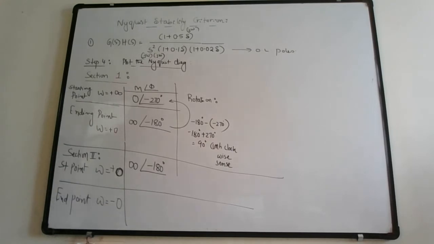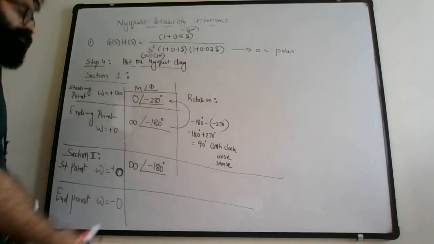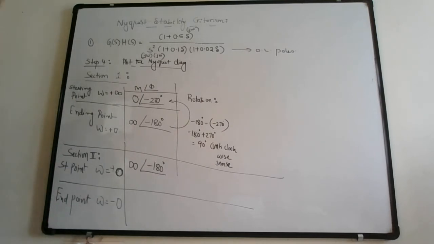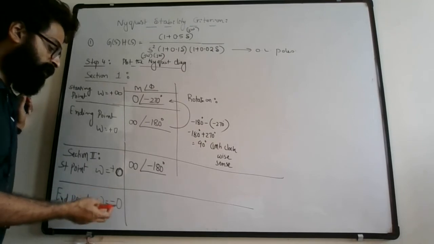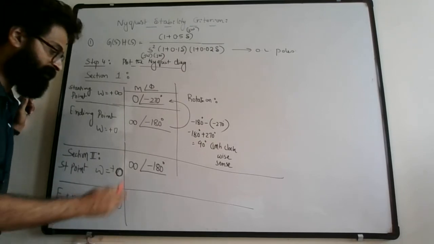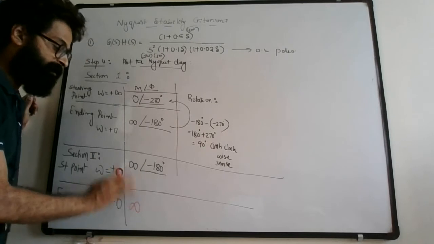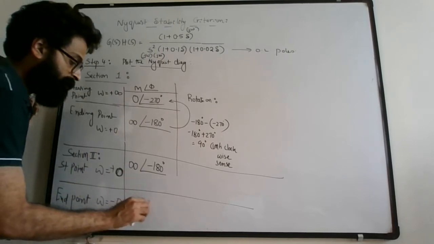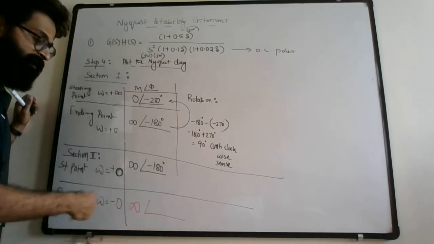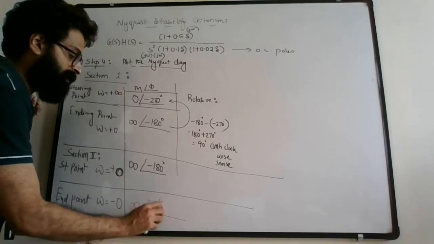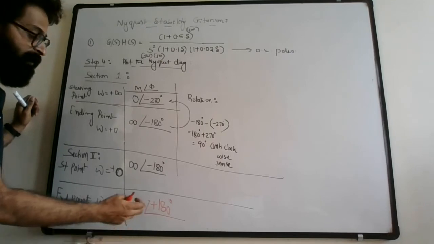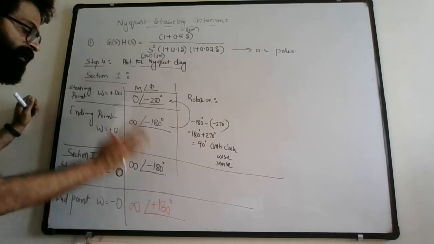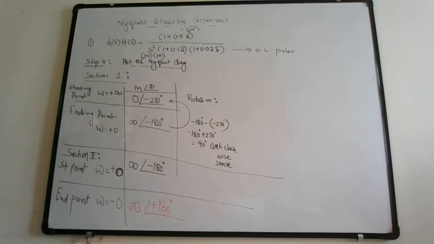Okay, I'll tell you a trick over here. You don't have to waste your time in finding out what should be the magnitude and what should be the phase angle. So the magnitude remains the same because the magnitude of minus 0 is 0 itself, right? So the magnitude remains the same. Magnitude will still be infinite. However, since you are reversing the sign, the angle will come in an inverted manner. Okay. So if you get an upper side positive angle for omega equal to 0 minus, you will have to just flip the angle sign.